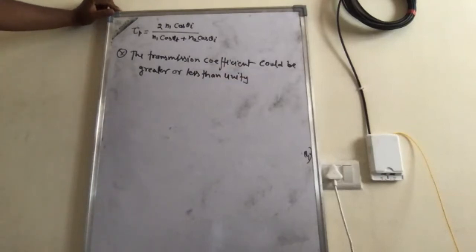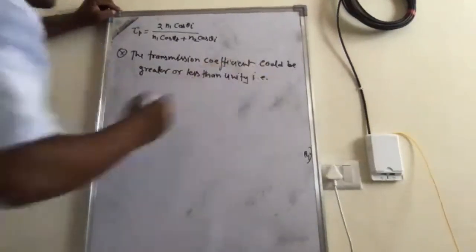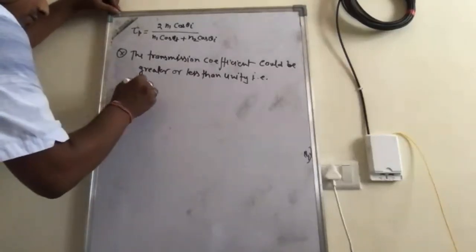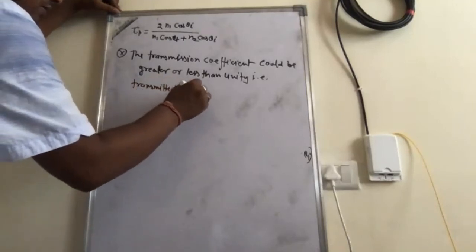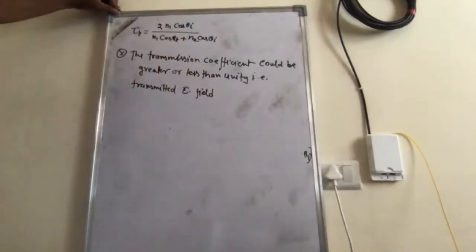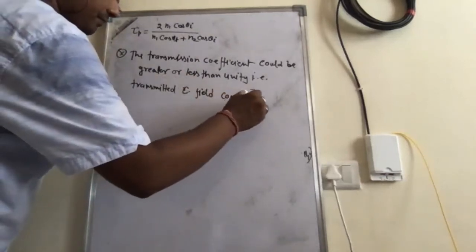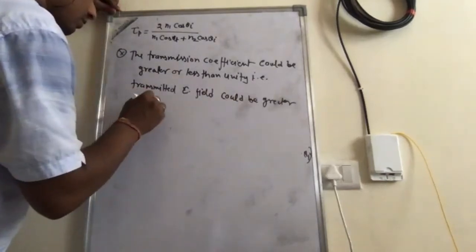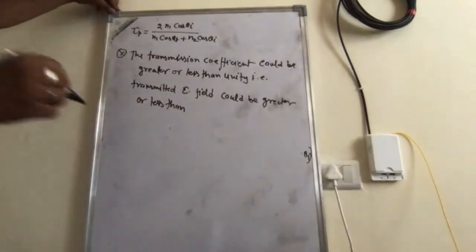So what is the meaning of this? That means we can say that the transmitted electric field would be greater or less than the incident electric field.